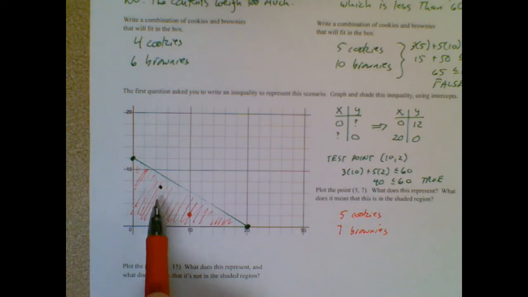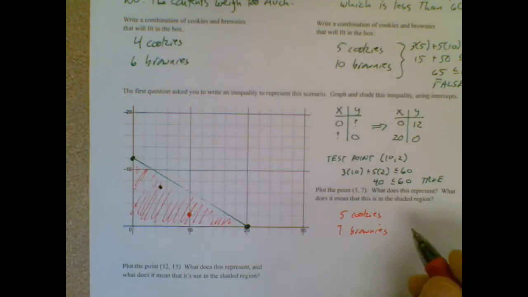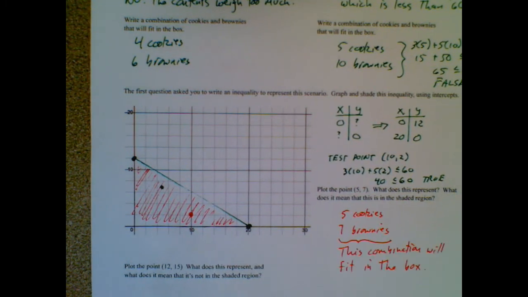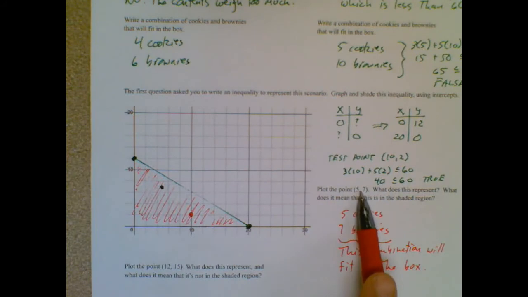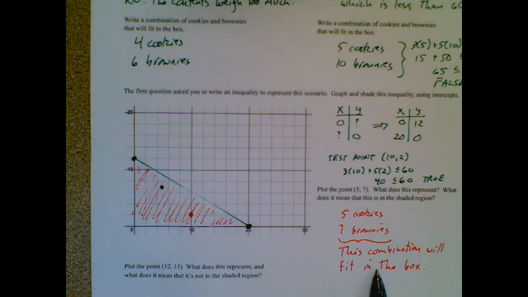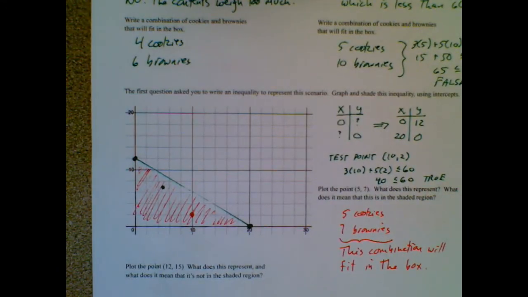And the fact that it's in the shaded region tells me it's in the solution region or the true region, which tells me that this is a combination I can put into the box and be under the weight limit. So 5, 7 being in the solution region tells me that this combination of 5 cookies and 7 brownies will fit in the box.